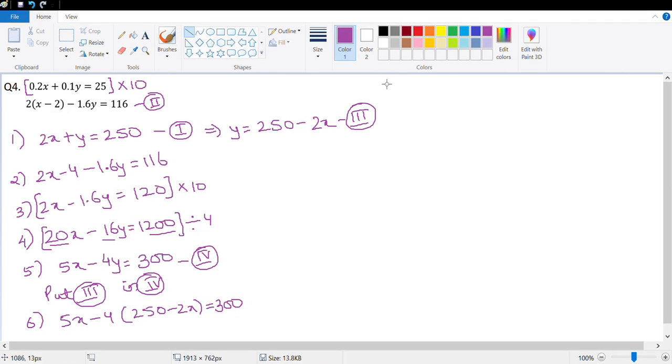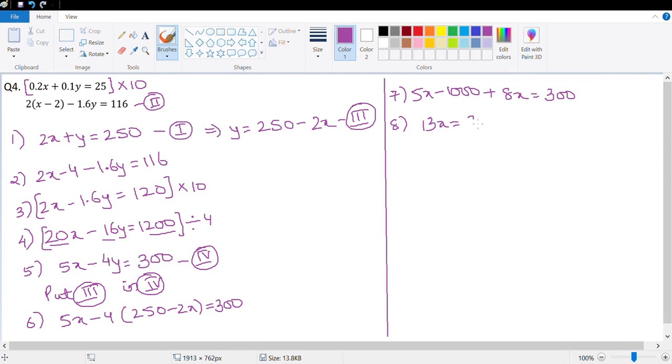Let's open the bracket and see what we get. So 5x minus 1000 plus 4 into 2, that's 8x, is equal to 300. This is 13x is equal to 300 plus 1000. 13x is equal to 1300, which means x is equal to 100.